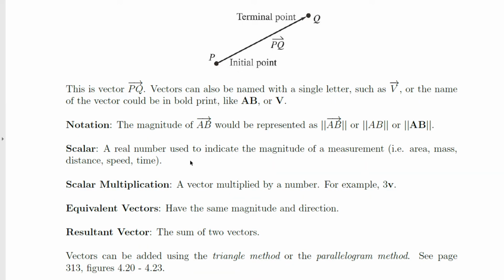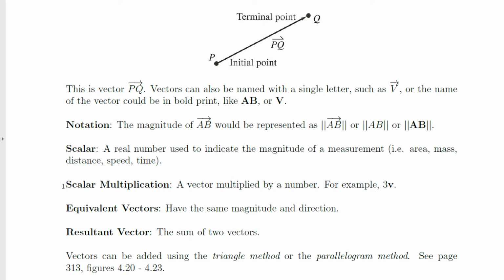So a scalar is just a real number used to indicate the magnitude of a measurement. So in a sense, you're just indicating, hey, take that vector, multiply it by a certain amount. You're either doubling or tripling or quadrupling or whatever multiplier or coefficient you want to call it.